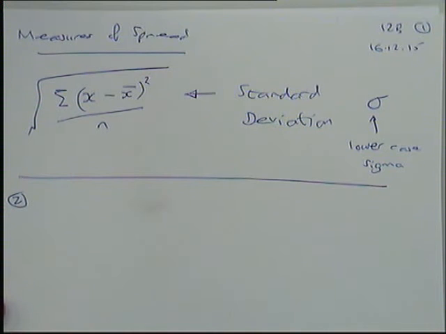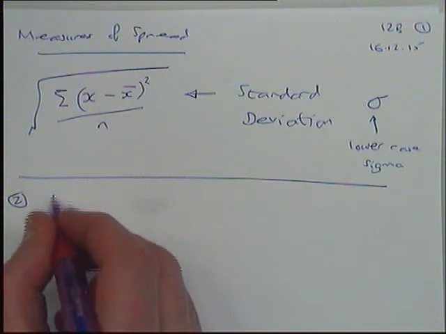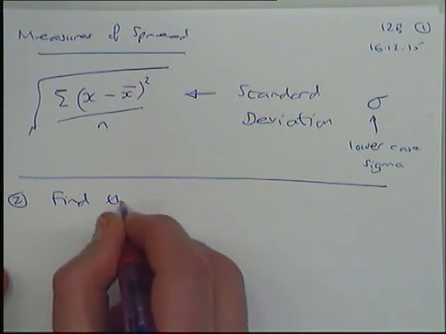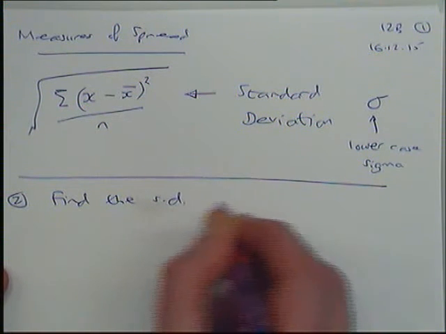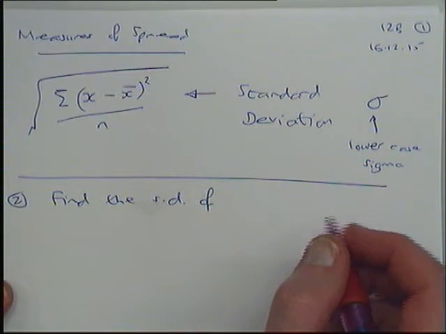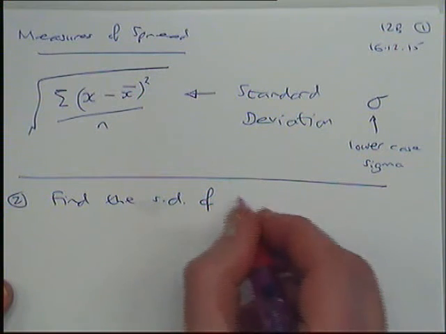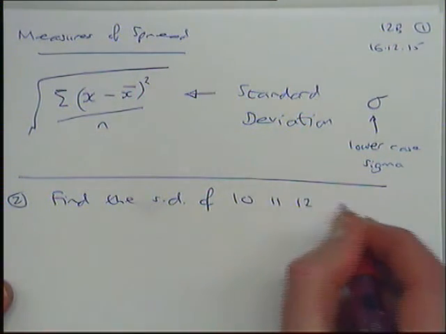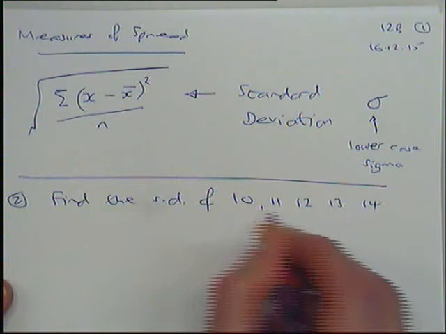So if I call this example 2, because I think we've had one already, we'll find the standard deviation of the numbers 10, 11, 12, 13, 14.